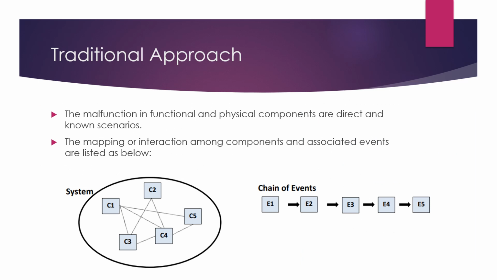The other traditional approaches like FMEA or FTA or HAZOP will consider the system in one way, whereas STPA will consider the system in a different way. The difference is that in the traditional approach, the malfunction in functional and physical components gives direct and known scenarios.